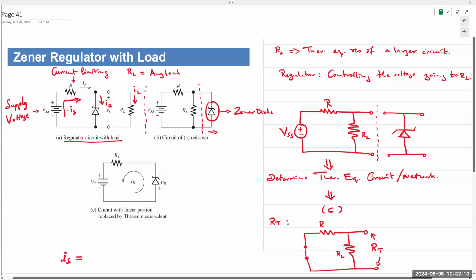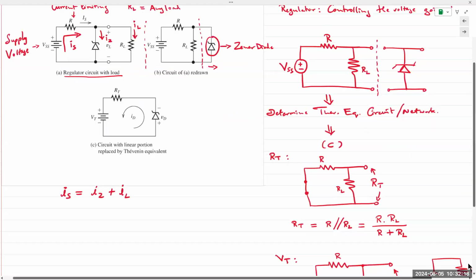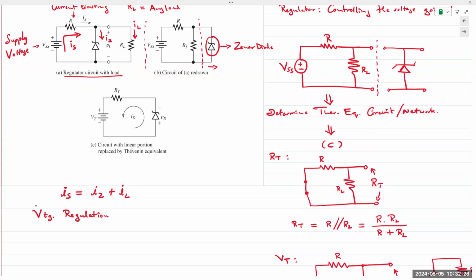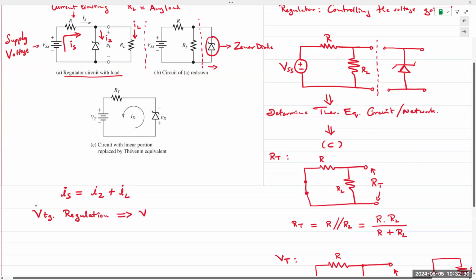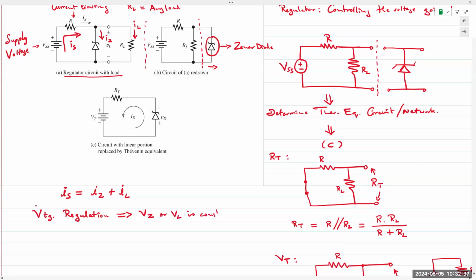IS is equal to IZ plus IL. Voltage regulation, or simply regulation, means you're keeping something constant. In this case, that means your VZ, or VL for that matter, is constant. If VL is constant and RL is constant, then IL is also constant, right? That current also has to remain the same.